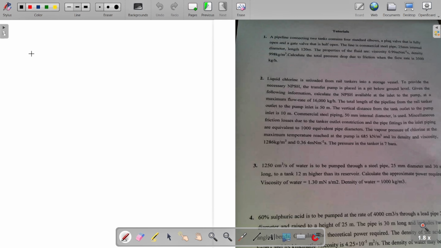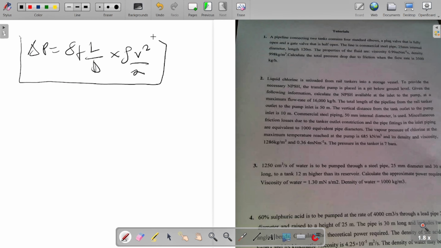But for you to even calculate the pressure drop, we have the formula hf = (L/D) times the density multiplied by V squared divided by 2. So this formula over here is due to the Moody chart we are using.